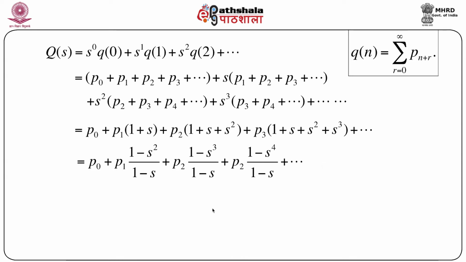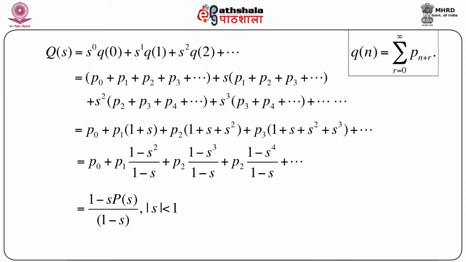So just simplify this entire thing, which I am not going to do right now, but simple algebraic manipulation will give us this expression, 1 minus ps divided by 1 minus s, and remember s is defined only for modulus of s less than 1.